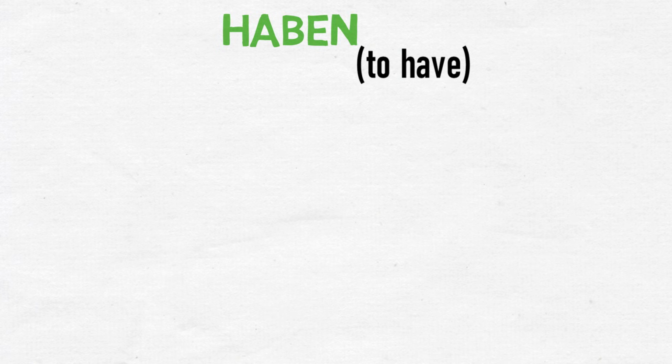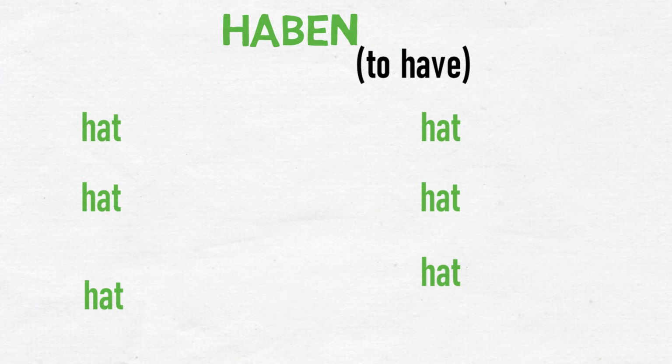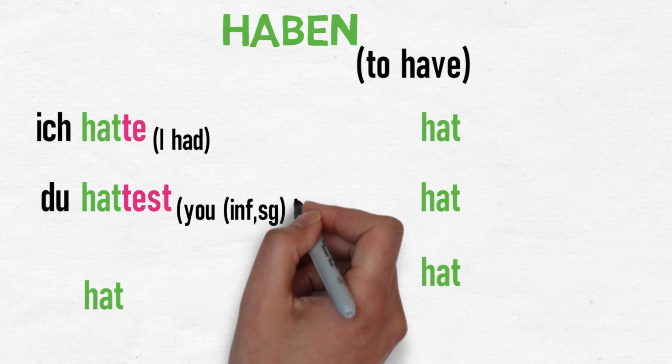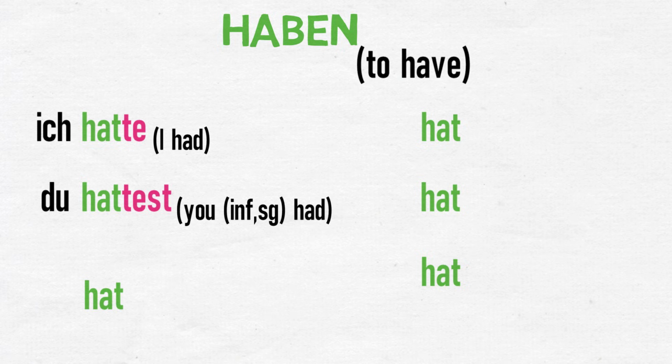To conjugate haben in the imperfect, we use the irregular stem hat and add the following endings. For ich, add te. Ich hatte. I had. For du, add test. Du hattest. You had in an informal singular sense.